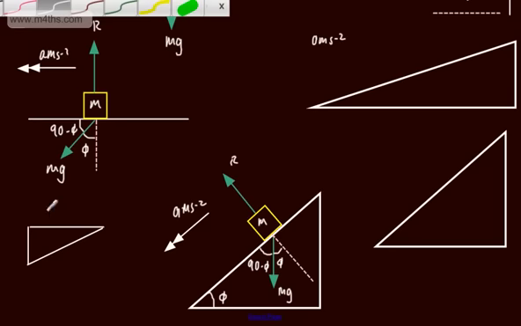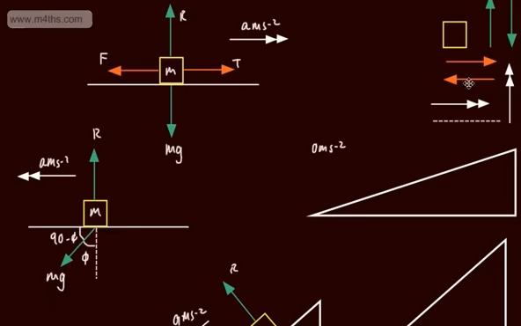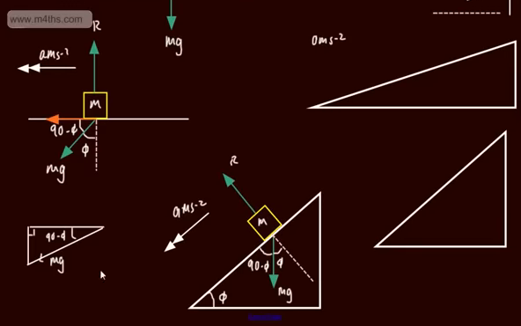So here's my right angle triangle. Here is the 90 degrees. This is the 90 minus theta, and we can say that this is going to be the mg, that's the force. Now if I wanted to work out what's acting parallel to this plane, we can see that that's going to be the adjacent of this right angle triangle just here.